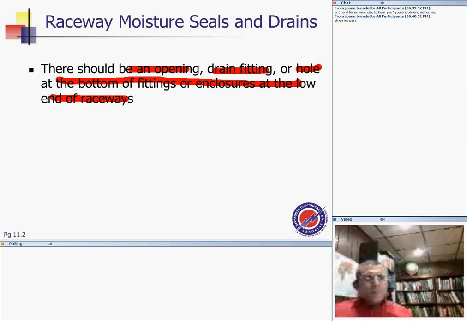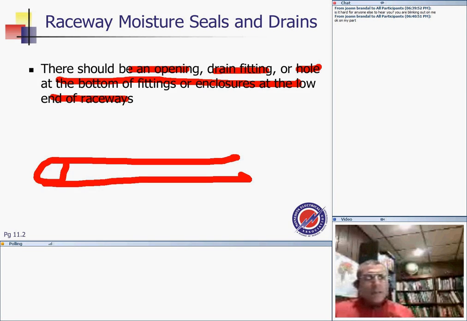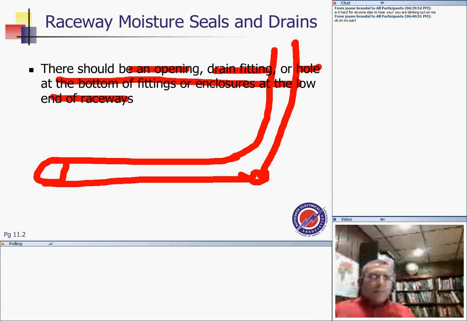If you're coming with conduit down over here and going all the way up, I'm just showing over here my conduit, and we're sealing. So as you enter, any condensation that comes into this conduit will seep right outside this conduit.